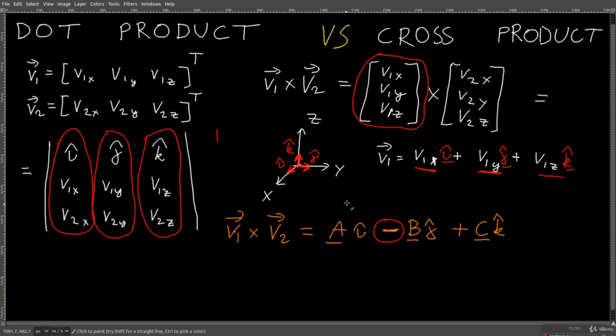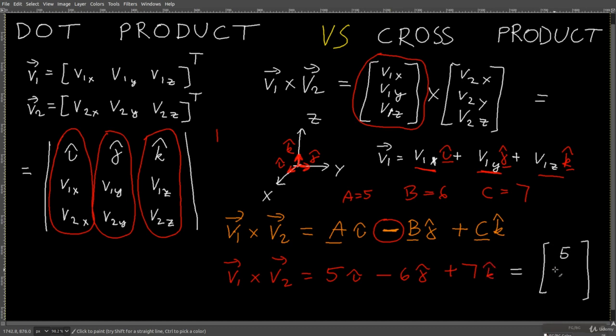Let's say that A equals 5 and B equals 6 and C equals 7. Well, then your cross product would be 5i minus 6j and plus 7k. Or you can write it down like this if you want. Or if you want, you can draw it right here, where these are your 3 components.